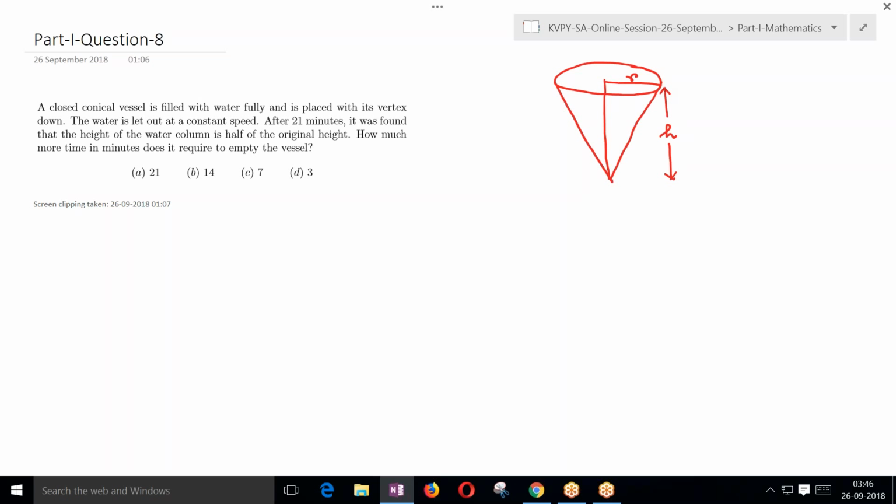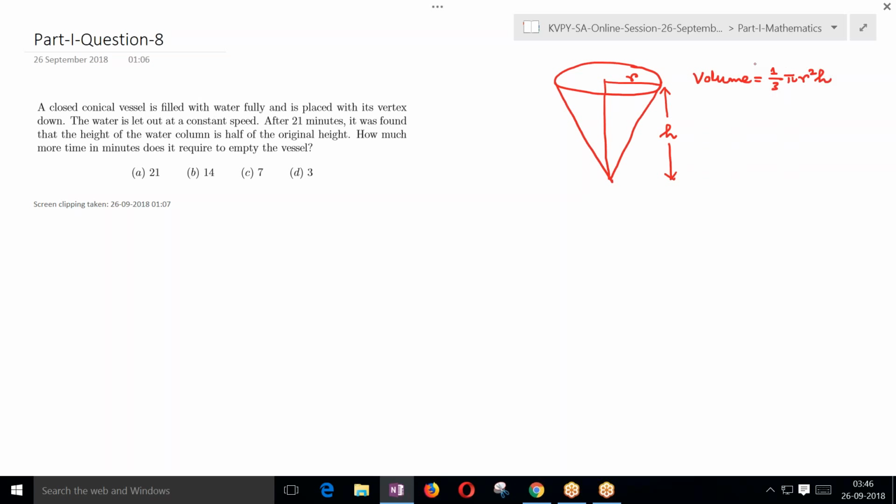The volume of the cone is 1/3 pi r square h, right? So you can write it here: volume is equal to 1/3 pi r square into h.